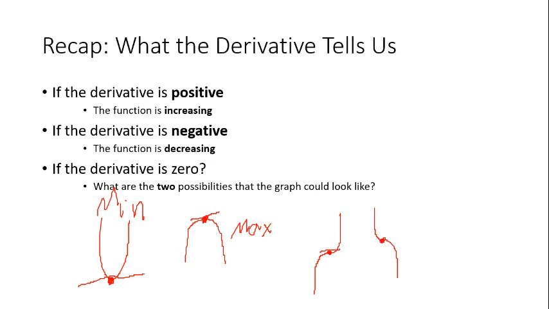We're going to get a more formal name for these points later, but for now we're going to informally call them saddle points. And then also, remember that the derivative of a constant is equal to 0, so constant functions, or a function that has an interval where it flattens out and becomes constant, also has a derivative that equals 0. So there are a lot of scenarios that will give us a first derivative being 0.